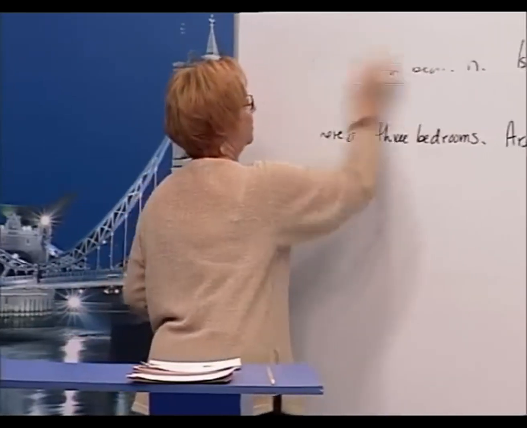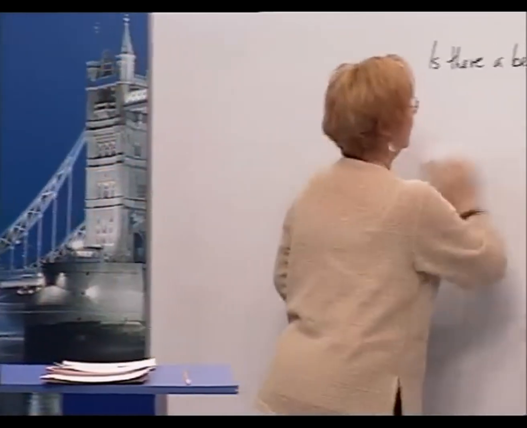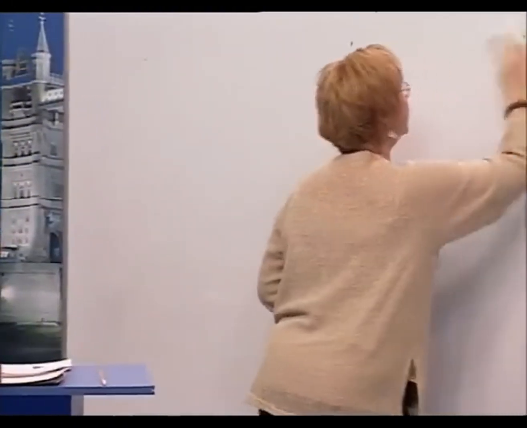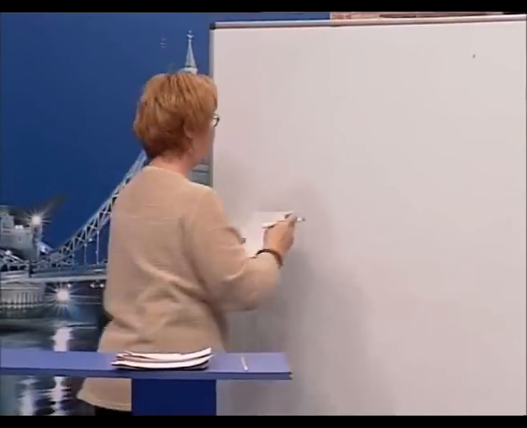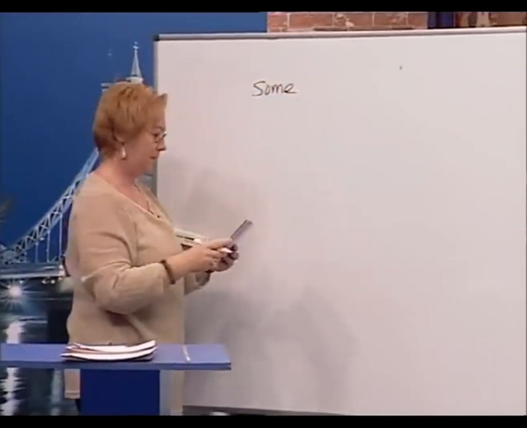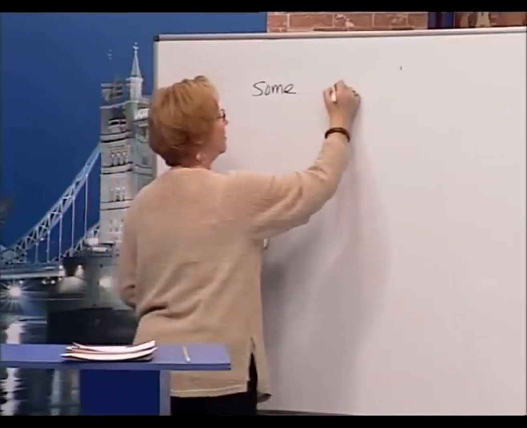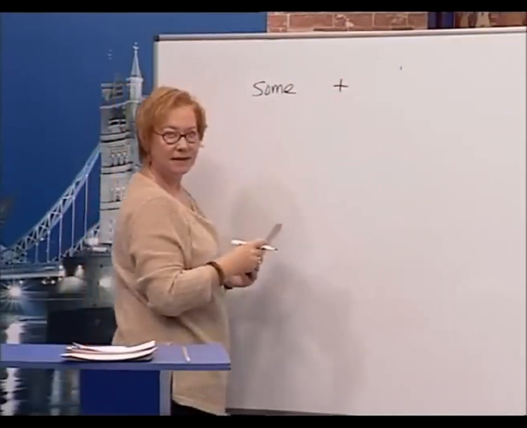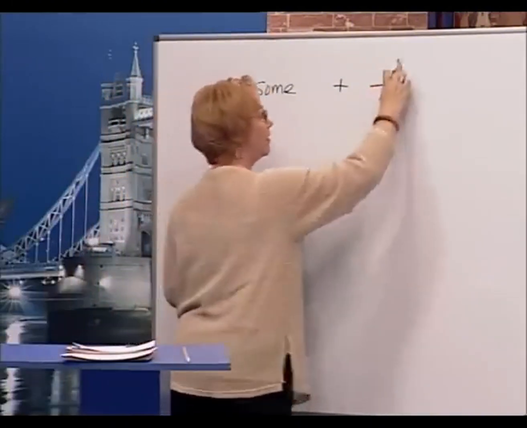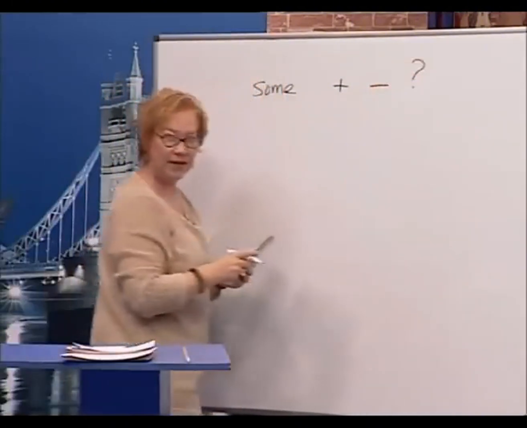Okay. All right. Now, we can add more words to these sentences. And let me show you what they are. We can use these 3 to add more information. So here we go. Here's the first one. Some. Now, we can use it in a positive statement, negative, or a question.